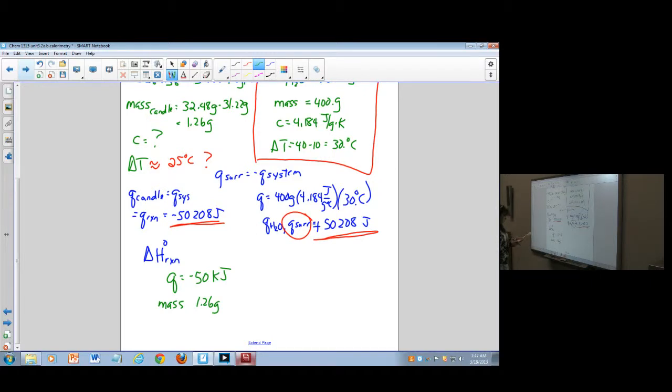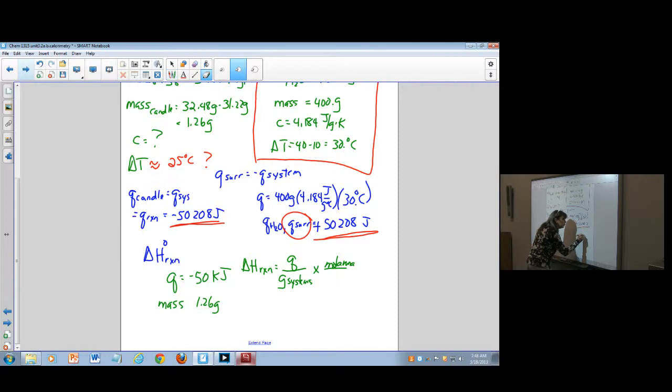All right, so in order to do this, I'm going to set up delta H of my reaction is going to be Q divided by the grams of the system times the molar mass in grams per mole. Clean that up a little bit. The molar mass. And I'm going to use grams per mole. So I'm going to have the top with the grams and the bottom with the moles.